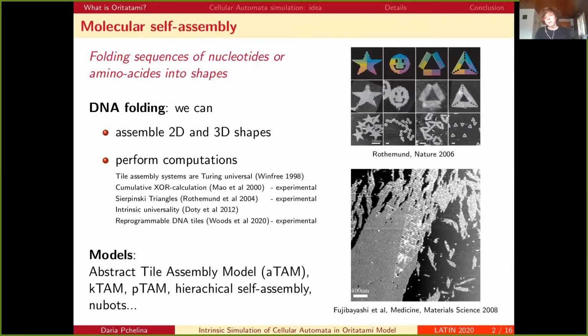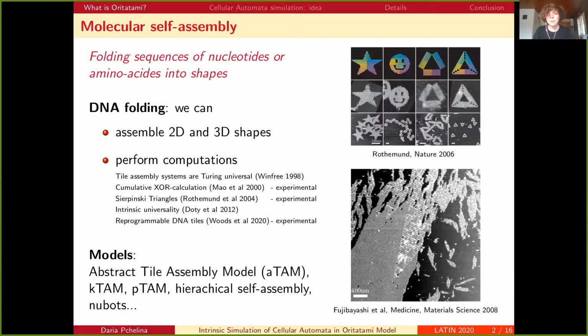There are several theoretical models for the DNA assembly, and the best known one is called the abstract tile assembly model. It was proved to be Turing universal and, moreover, intrinsically universal. That means that it can simulate any of its kind.